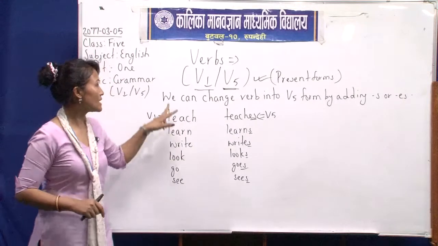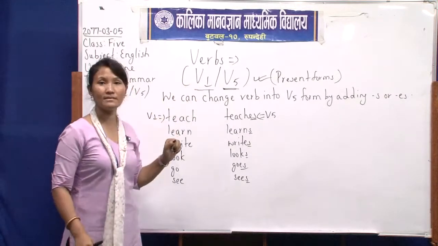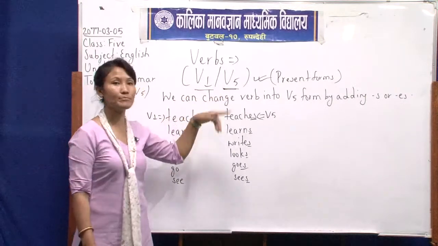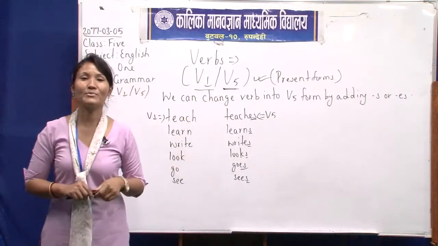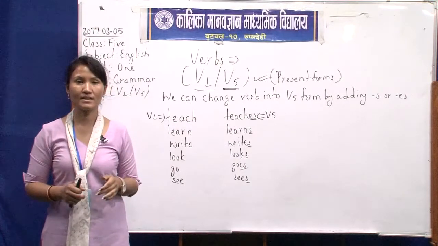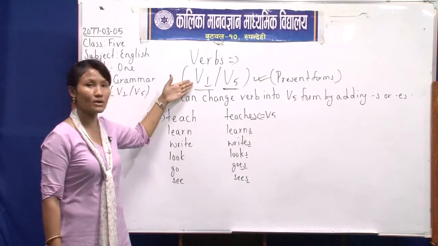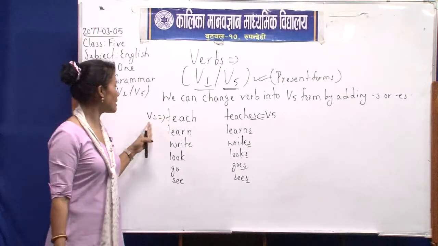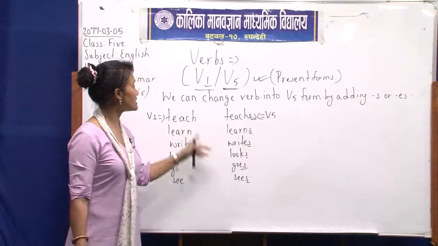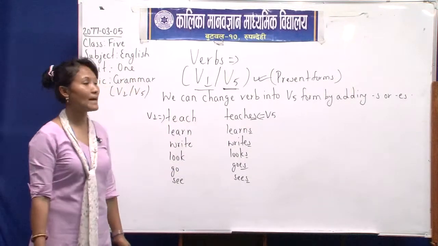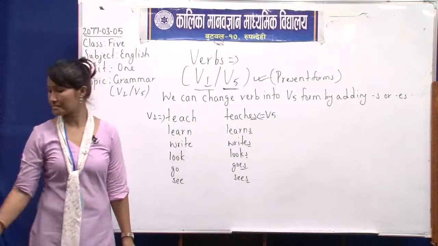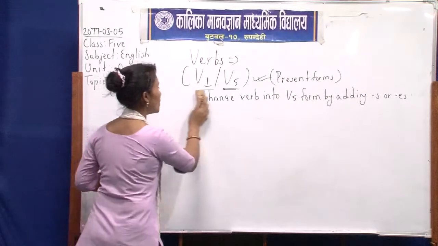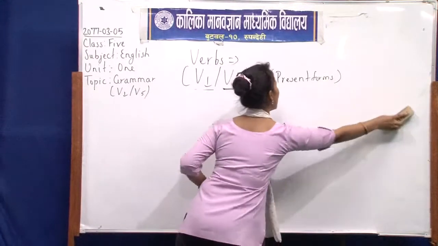Now, where are we going to use verb 1 and where are we going to use verb 5, because verb 1 and verb 5 both denote which form? Present tense. Before that, we had to know how to change verb 1 into verb 5, which is by adding s or es. Now let's have a look at where we are going to use verb 1 and verb 5.